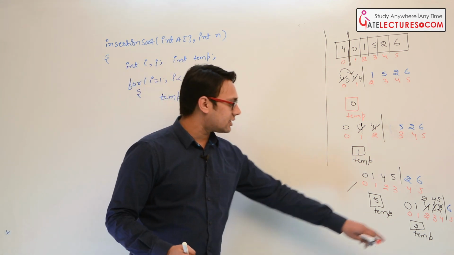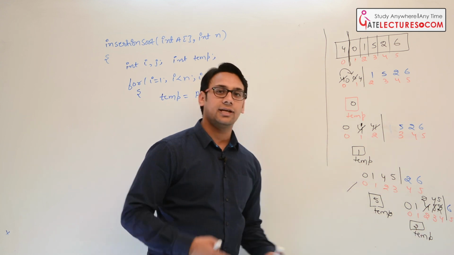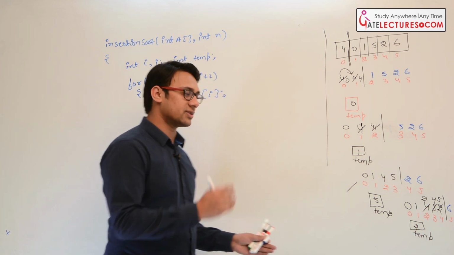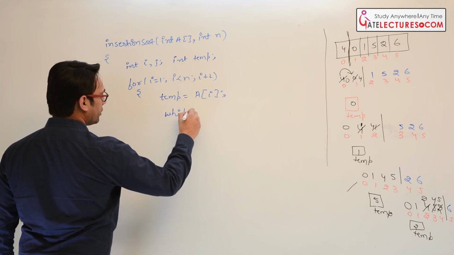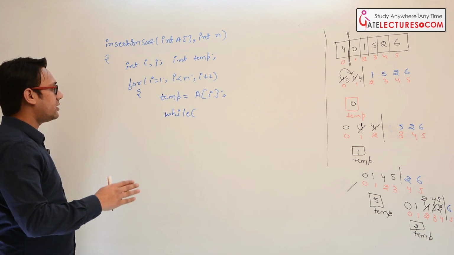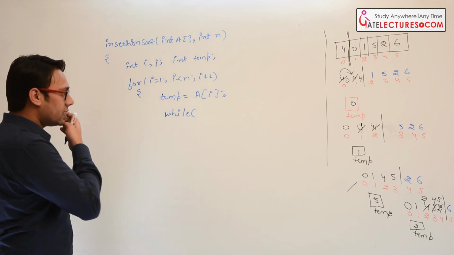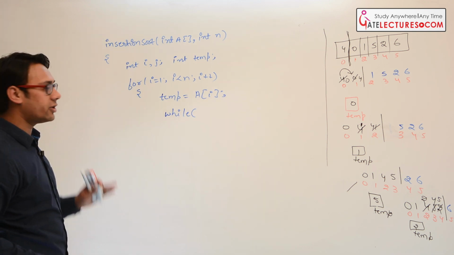We continue until this item is greater than this. If this item is not greater than this, then you cannot compare the previous item. So what we have to do is, while... If you cannot understand this, just rewind the video and repeat everything again. After I explain everything completely, it will be a clear picture in your mind.